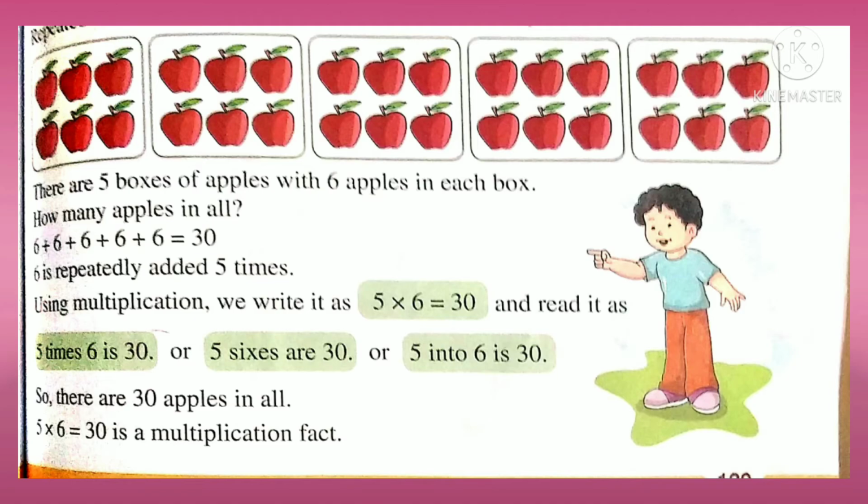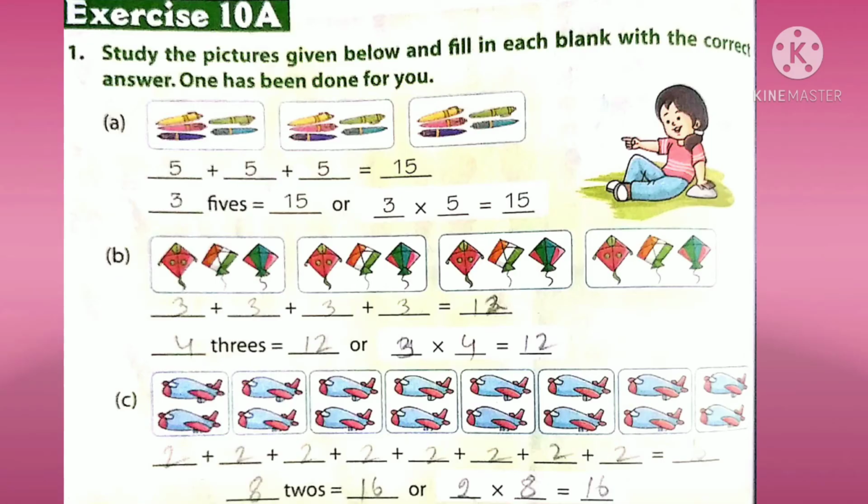Now we will solve the exercise 10A. Question number 1. Study the pictures given below and fill in each blank with the correct answer. One has been done for you. So number A they have done, number B we will do.